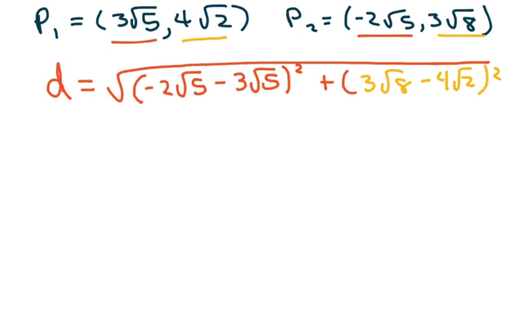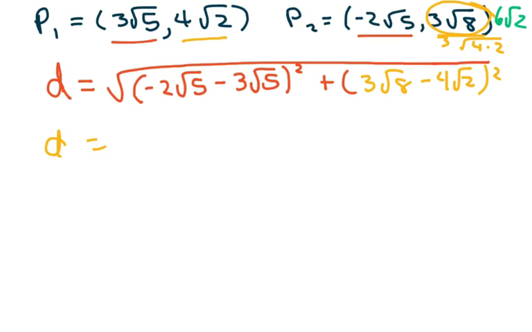And square it. All right, so this one right here is really 3 times the square root of 4 times 2. So the square root of 4 is 2. So 2 times 3 is 6. So this is really 6 root 2 here.